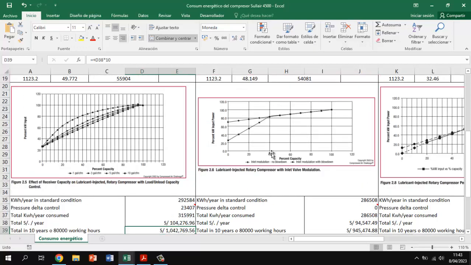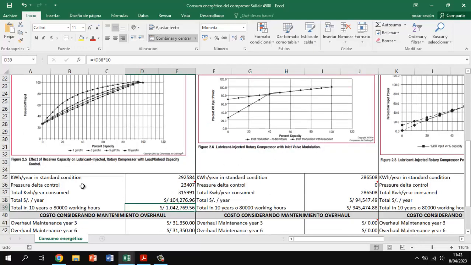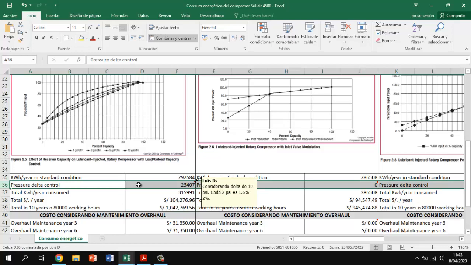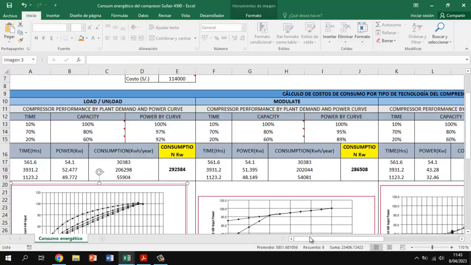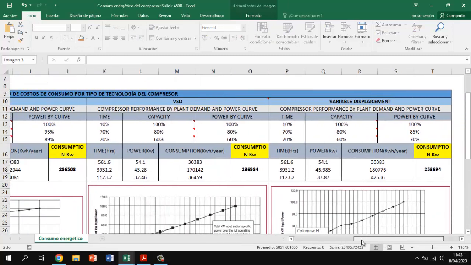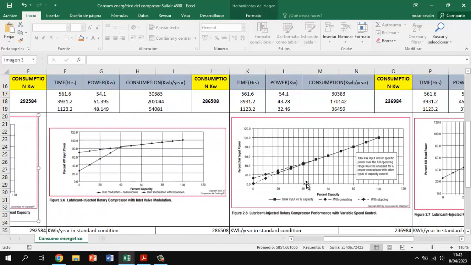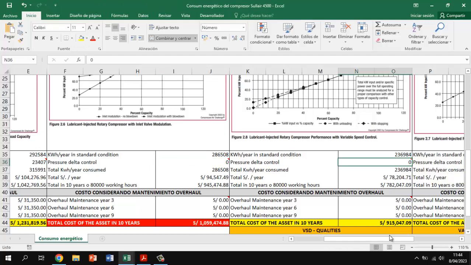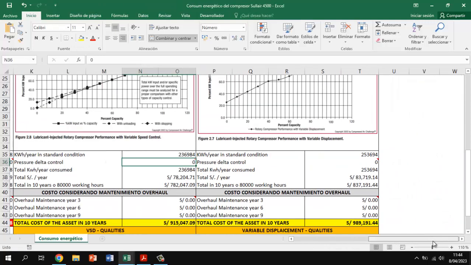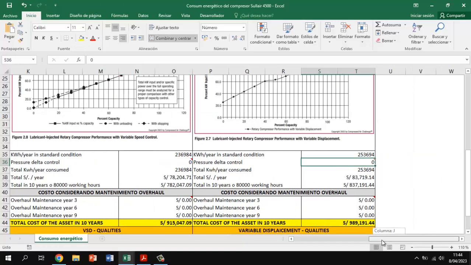This case of pressure delta, or your pressure drop of 10 psi, only works for load and unload, because for modulate, variable speed control and variable displacement, this condition doesn't work. So that's the reason why in this case it is 0. We don't have it. This condition is just for load and unload technology.